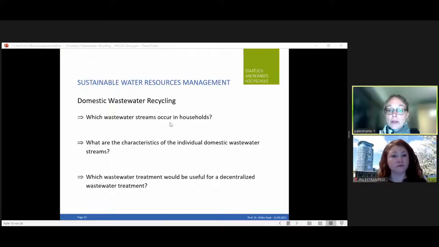For the gray water, this is a very good treatment, and that is why you do this source separation, because you can use cheaper technologies for the gray water treatment and then recycling.